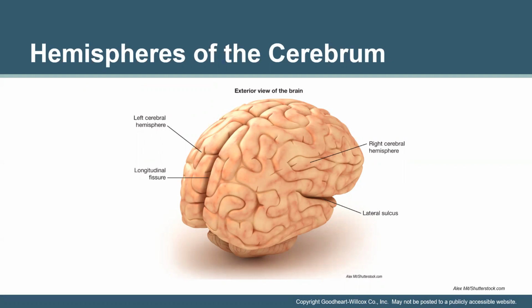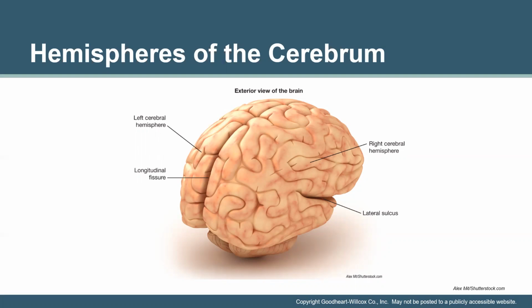There are great pictures on page 217 for this as well, so you can have the same picture on page 217 as we're looking at here in the PowerPoint. The divisions of the brain are the cerebrum, the diencephalon, the brainstem, and then the cerebellum.